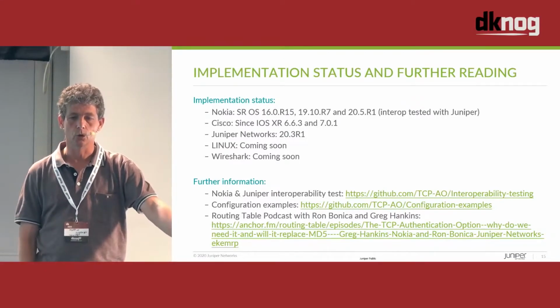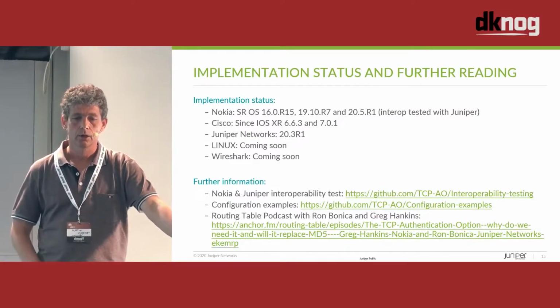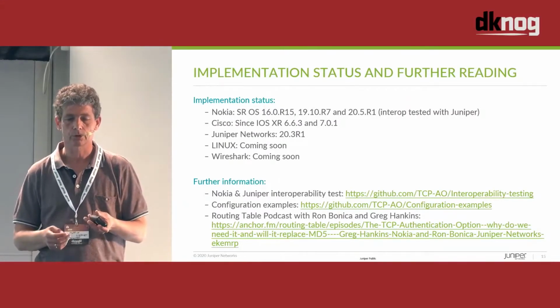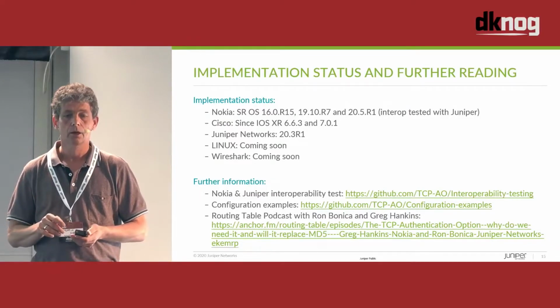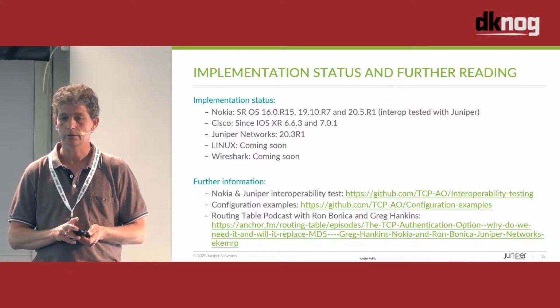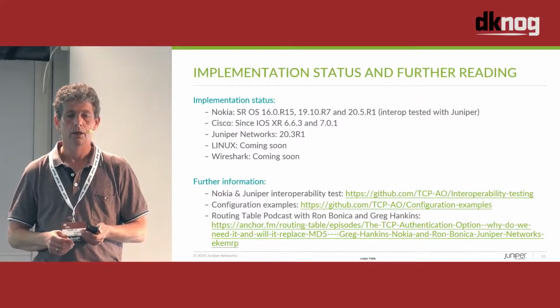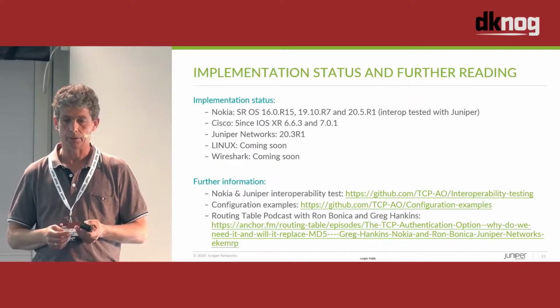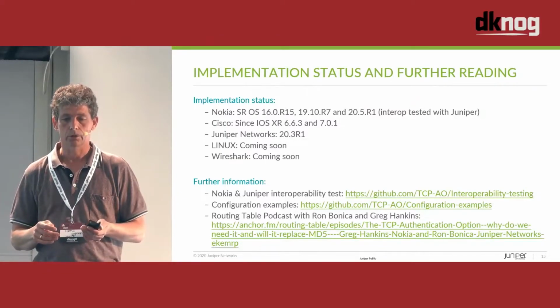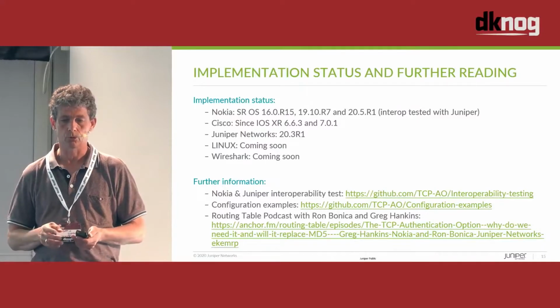Okay, so here are the known releases which support this. Linux, this is a slightly old version of the slides, it doesn't matter. RIPE is funding the Linux implementation and it is being committed as we speak. And Wireshark, also the same, is being committed as we speak. That's not RIPE, I think it was some university students who wanted to do that.